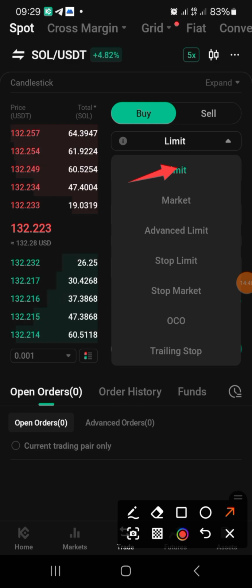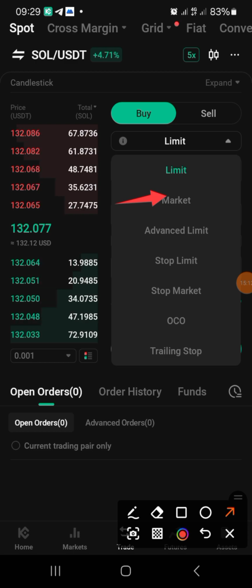What limit signifies is that I want to buy the market at a particular price. There's a price I want to set in to buy it. That is what limit means. Then market means I want to enter the market at the current market price. Whenever I put market, that is what's going to pop up.